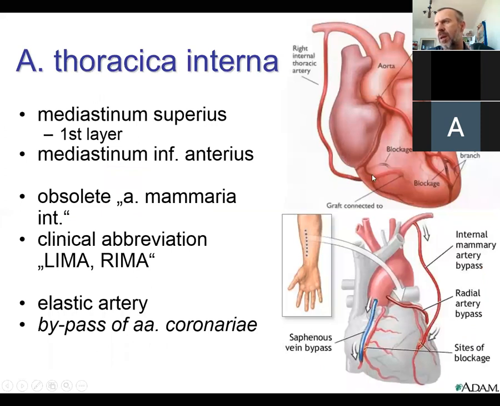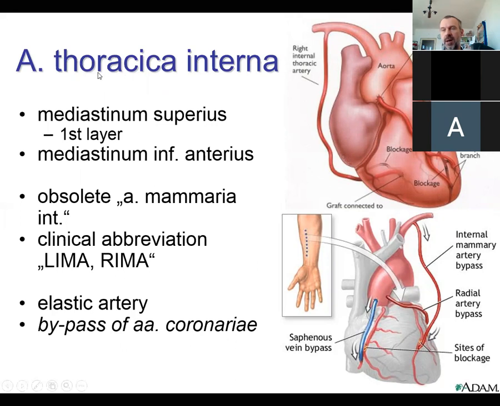So you take the end and you suture it behind a narrowed part of the coronary artery, behind the blockage, and then the blood to the heart goes this way. Yeah? This is the most commonly used bypass. The other kind of bypasses we can use are the grafts, which are connected directly to aorta, and they are usually taken from great saphenous vein.